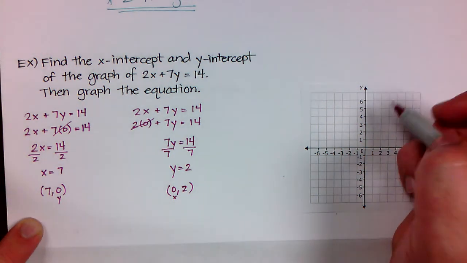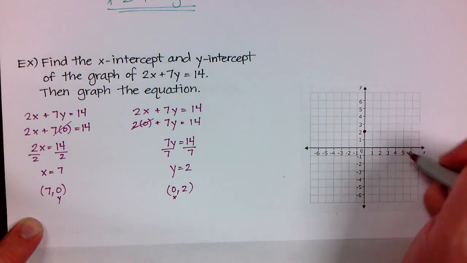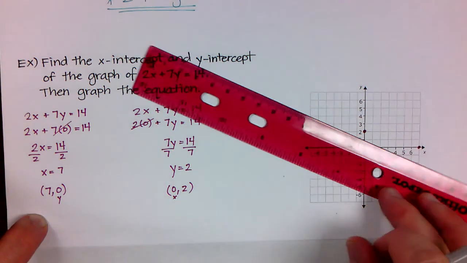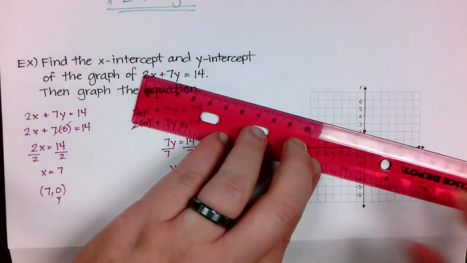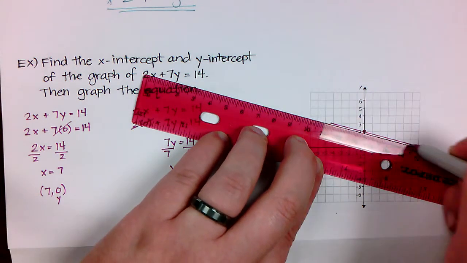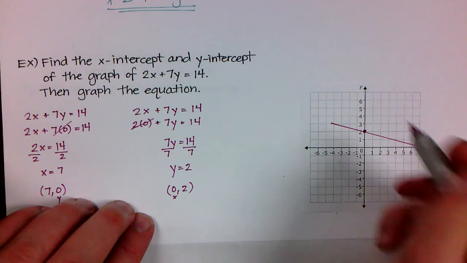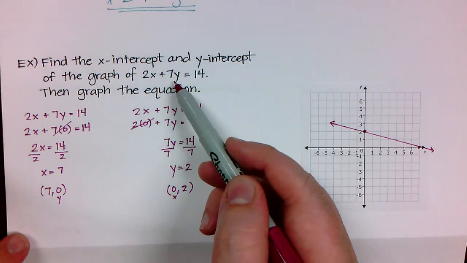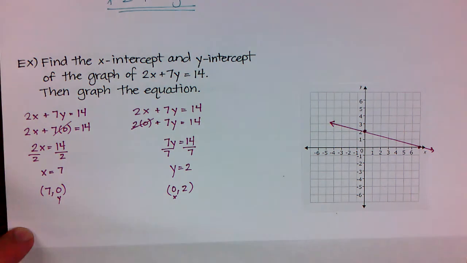So if I plot these 2 points, (0, 2) and (7, 0), I can take my ruler, connect the 2 dots, and I have graphed the line for the equation 2x plus 7y is equal to 14. And I'm done. Super easy.